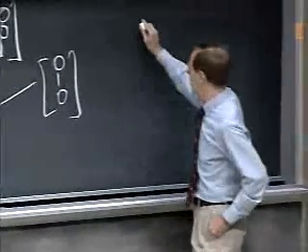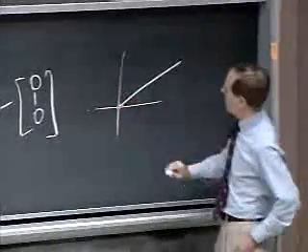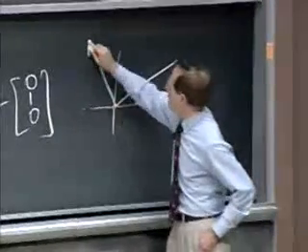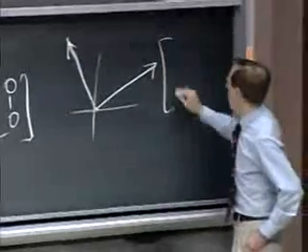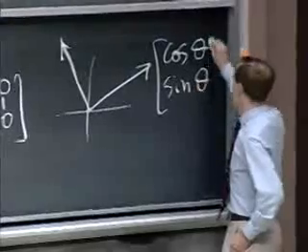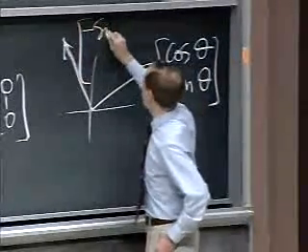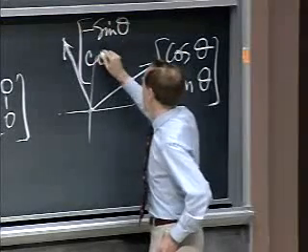Let me do a final example over here. How about one at an angle like that and one at 90 degrees? That vector would be cos theta, sine theta, a unit vector. And this vector would be minus sine theta, cos theta.